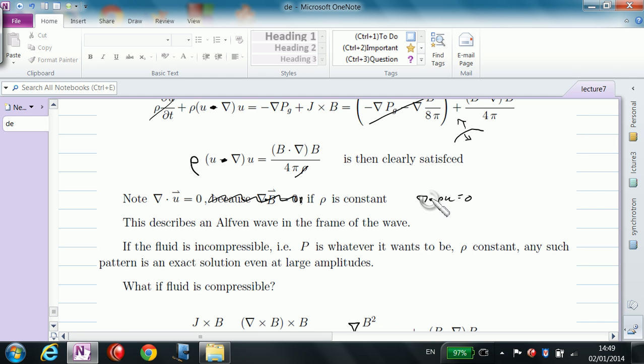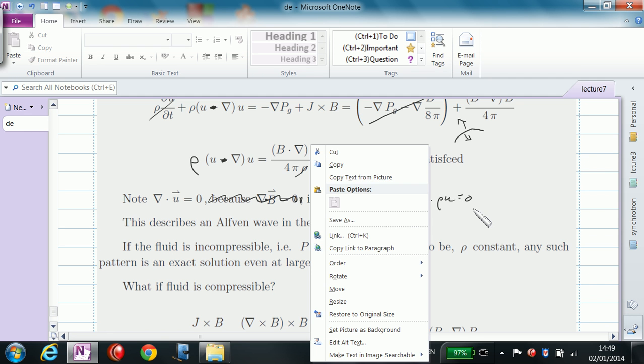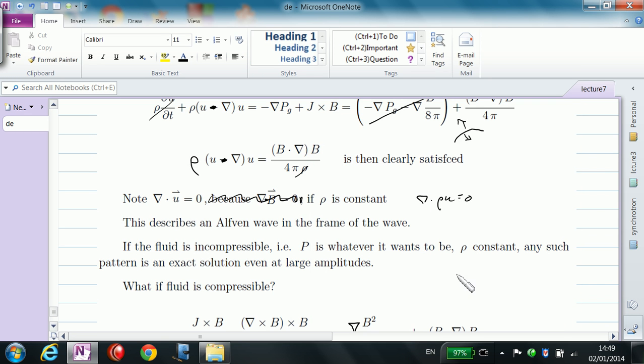Now I know that this is equal to 0, and this is equal to u grad rho plus... and I also know that divergence of b is equal to 0.